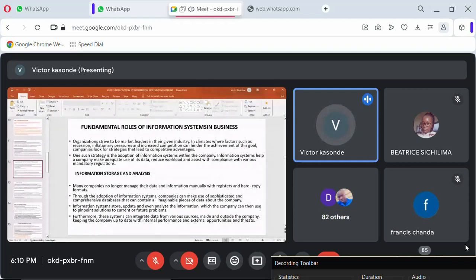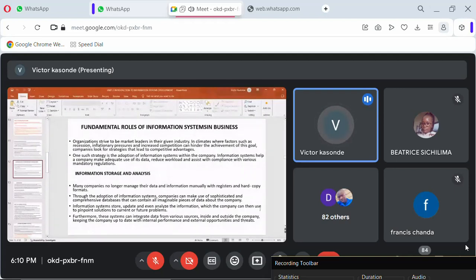Most organizations, by their own means, are trying to gain competitive advantage. For example, at CPU, you find that they are using information systems to advertise and gain competitive advantage so that they have more numbers.